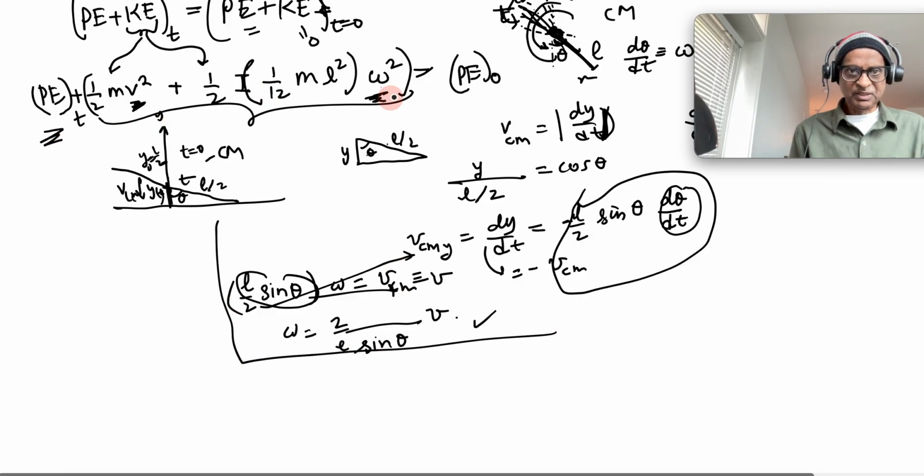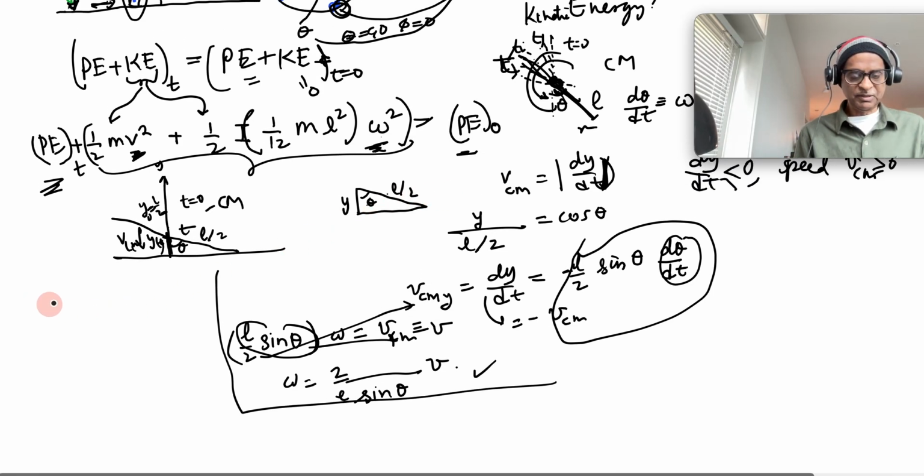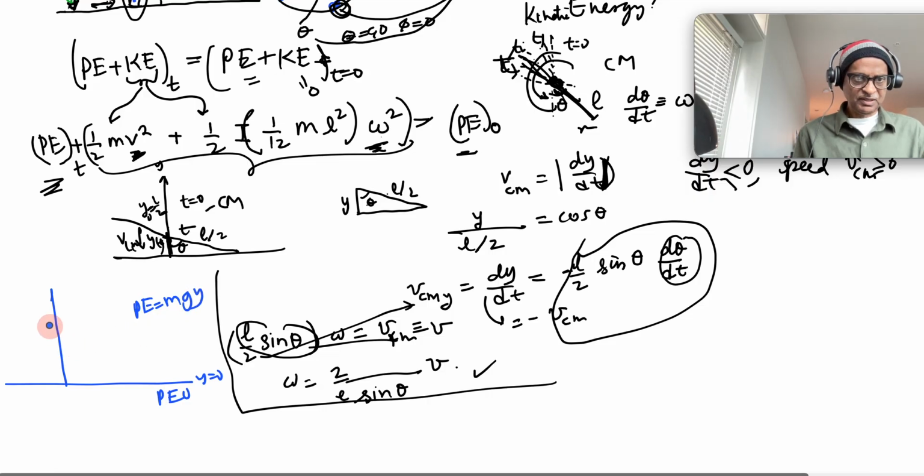We have to do the potential energy part. Let's say potential energy equals 0 when y equals 0. That gives the potential energy formula as just mgy. At t equals 0 it's over here, at t it's over here. This is y, and this is y equals L over 2.